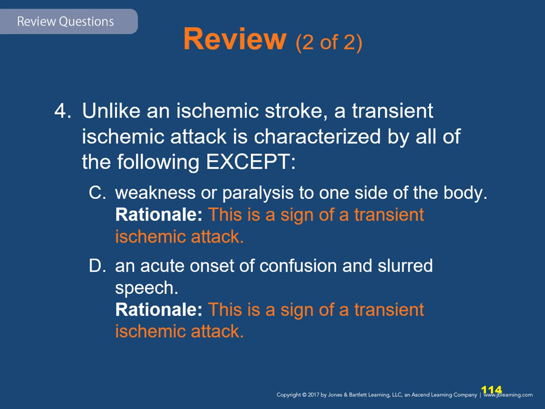Again, that is also a sign of a transient ischemic attack. So go back and review this question carefully. And make sure when you're taking tests or any type of examination related to this material, or when you're studying it, make sure that you read questions carefully and thoroughly. But make sure you review this one.